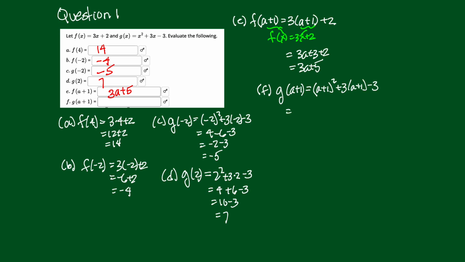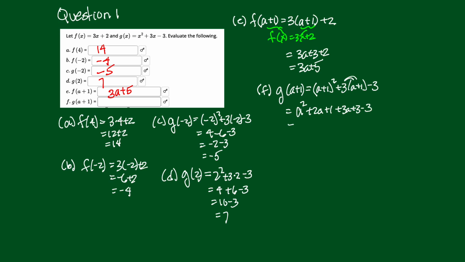All right, so first up, square this binomial. Talk your way through the pattern. Square the first, a squared. Multiply these two together and double it. A times 1 is a. You double it, you get 2a. Square the last. 1 squared is 1. Multiply through. Plus 3a plus 3 minus 3.